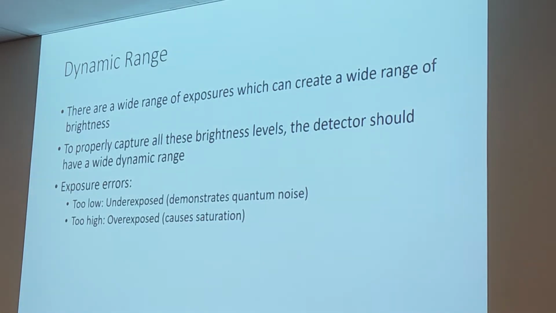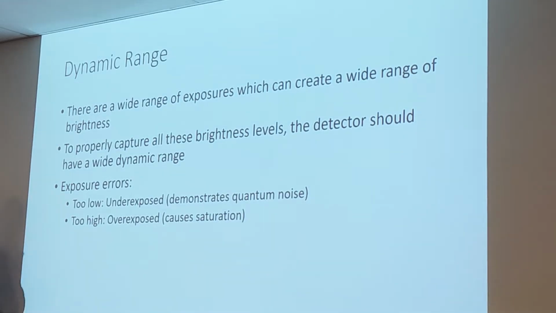And so brightness is connected to our dynamic range. Remember, we talked about this in the previous chapter. Our dynamic range is the range where we can properly capture and display our exposures.